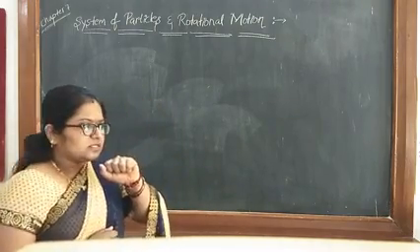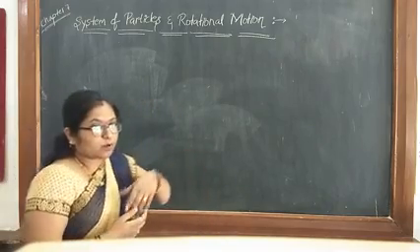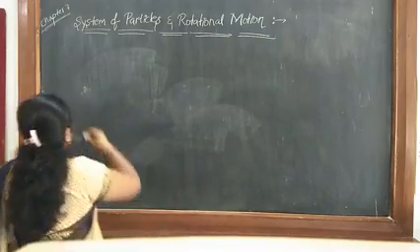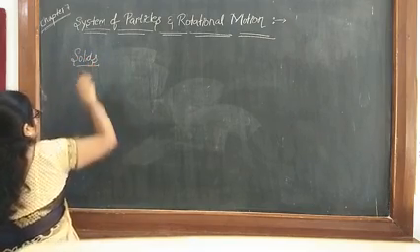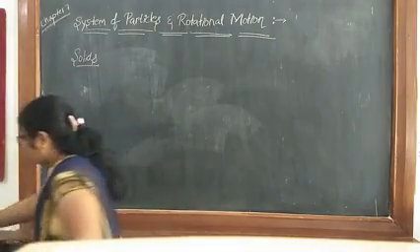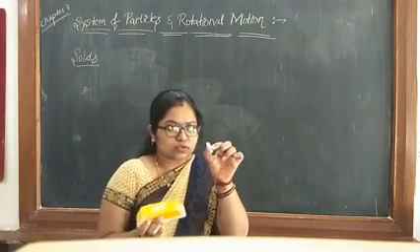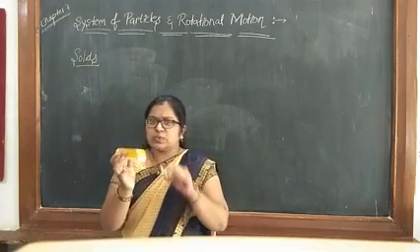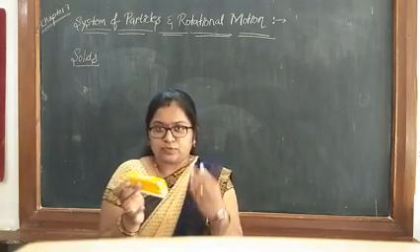Let us study the properties of solids, so that we can switch on to the properties of liquids and gases also. When you think of solids, how will solids be? Now this duster is also one solid. This chalk is also one solid. How its nature is, you just observe.